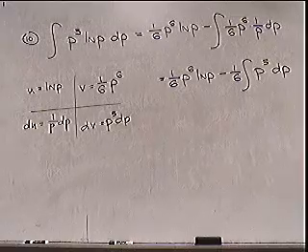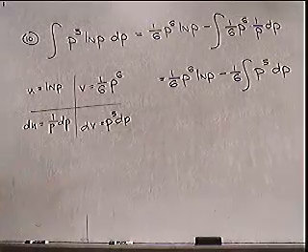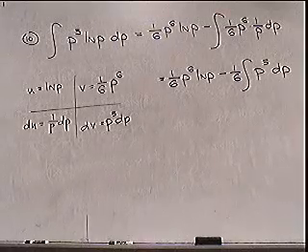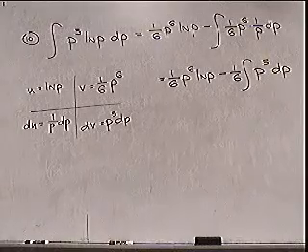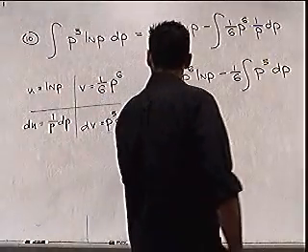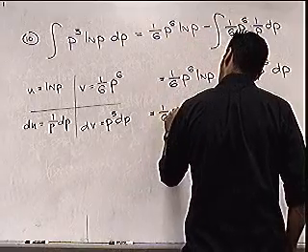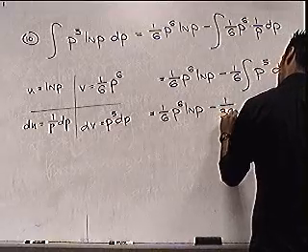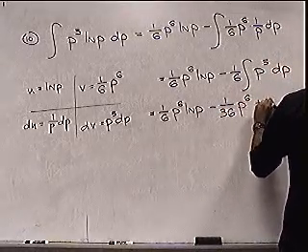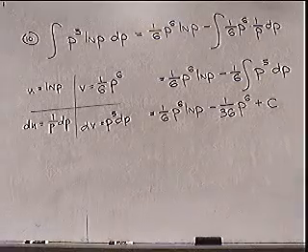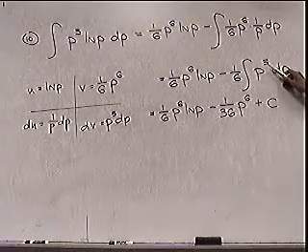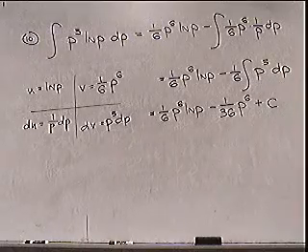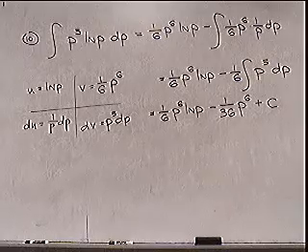You already did it one time, so it's the same thing: 1/6 P to the 6th. I went ahead and multiplied it times negative 1/6 and got negative 1/36. That's it, we're done.